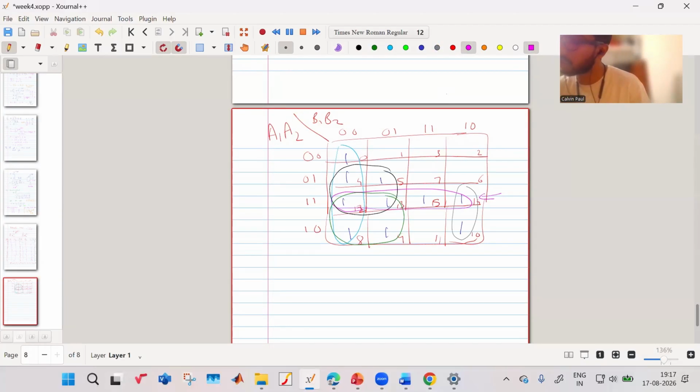Let us start with this combination. It is equal to A1, A2. Then this combination is equal to B1 bar, B2 bar. Then let us start with this combination. What is that equal to? Here A2 remains 1, 1, and B1 remains 0, 0. So it is equal to A2 bar... A1, B1 bar. And then let us go to this green combination.